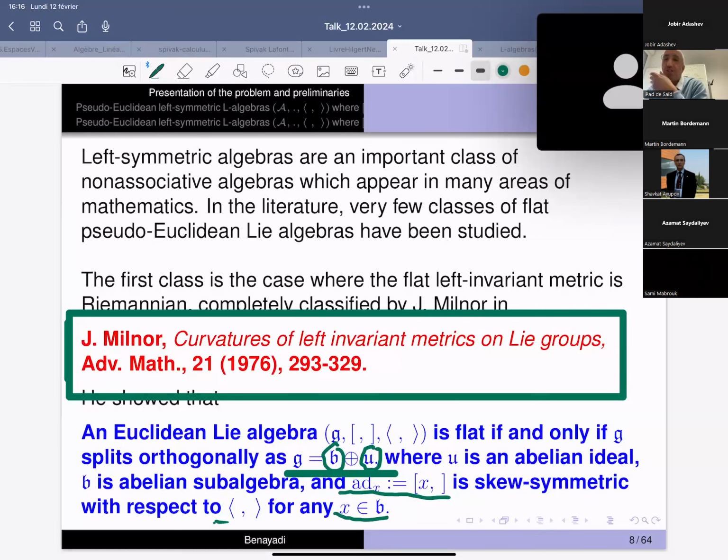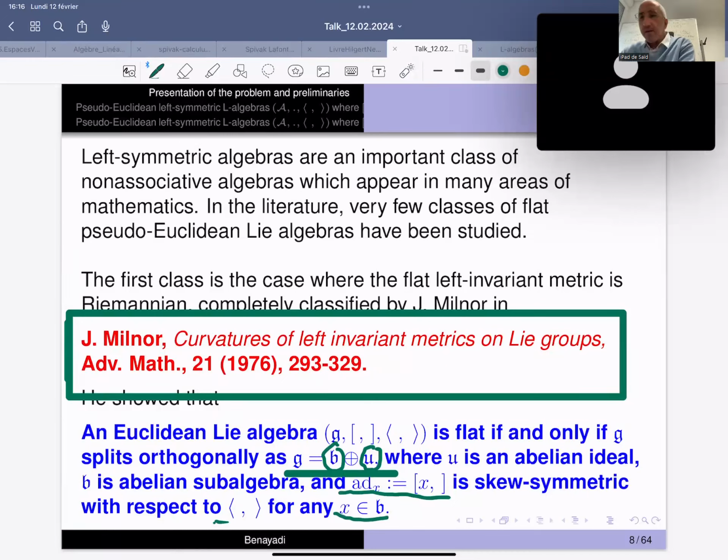In general, it is almost quadratic, but it is not the case that ad x for x in B is skew-symmetric with respect to this.